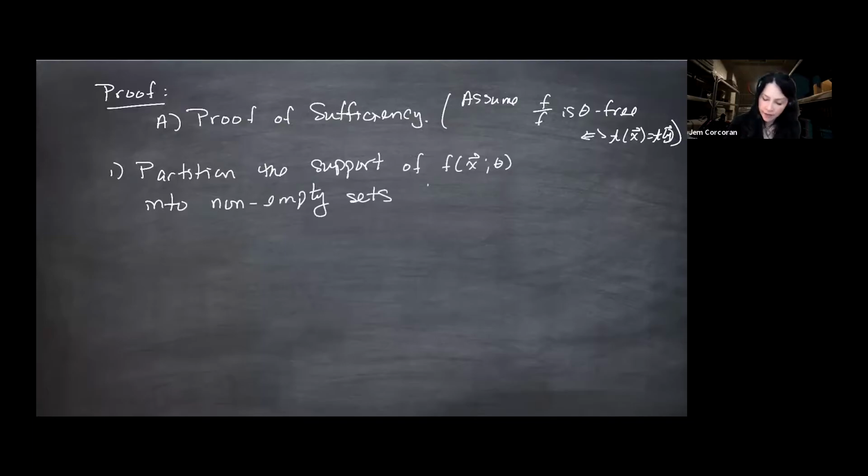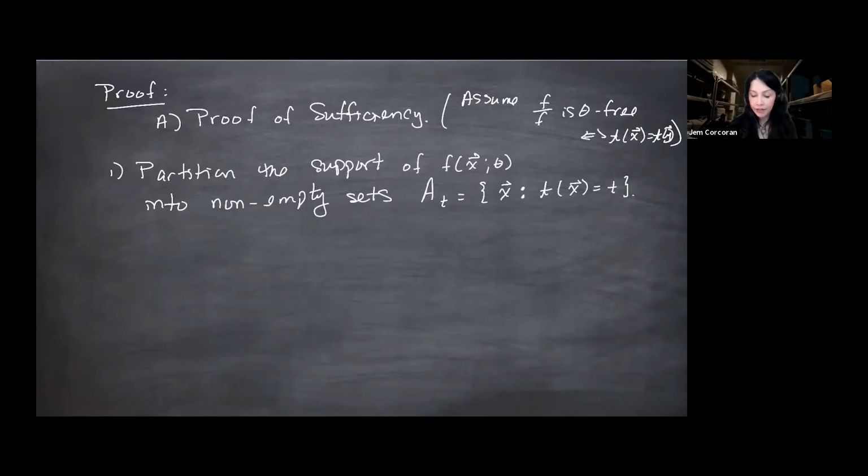I'm going to call them A sub t, and I'm going to define A sub t to be all of the x vectors for which T(x) equals this value little t that I've used as the subscript.